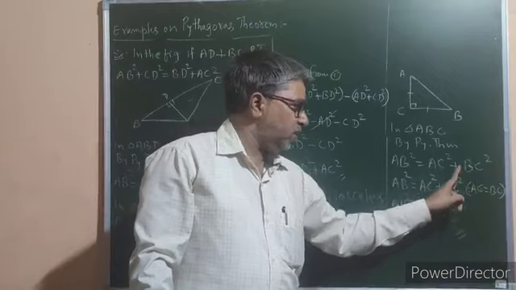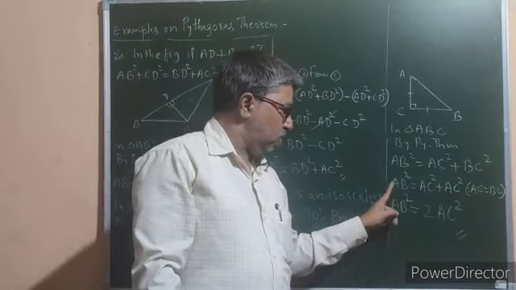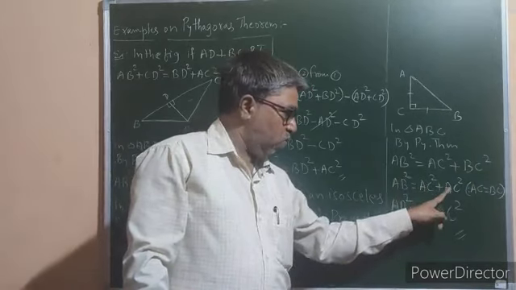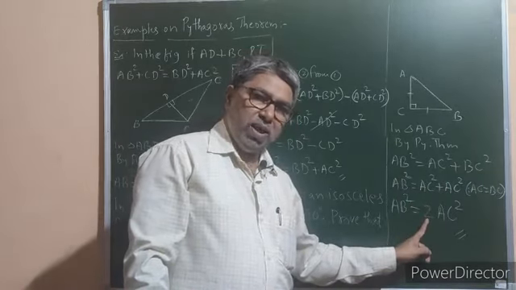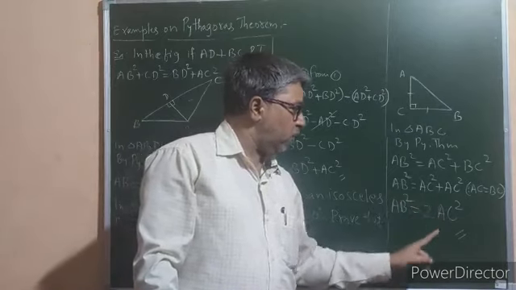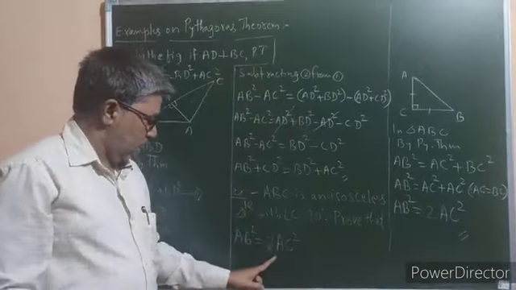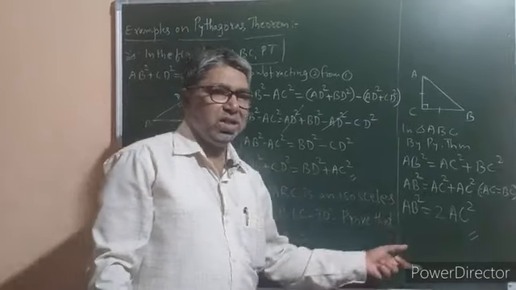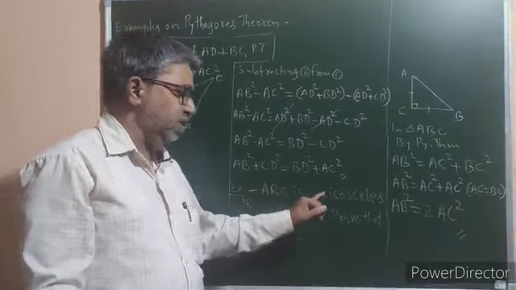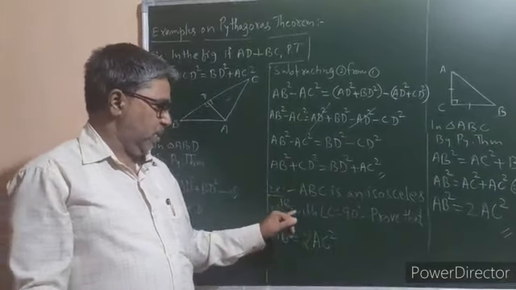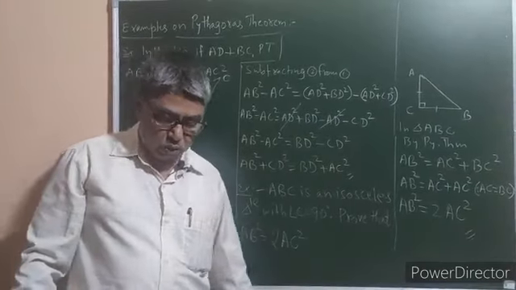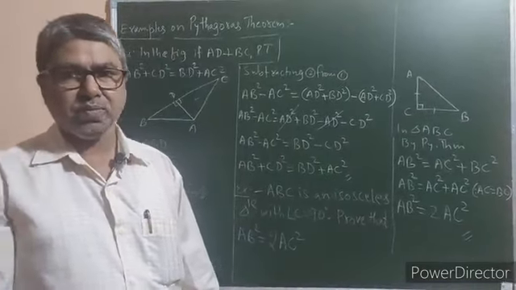So AB square is equal to 1 AC square plus one more AC square, which equals 2 AC square. Hence AB square is equal to 2 AC square. This is what was given to prove in this example. Hence this is the solution of the second example.